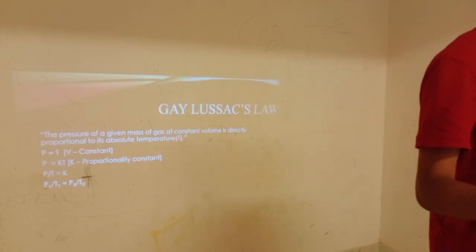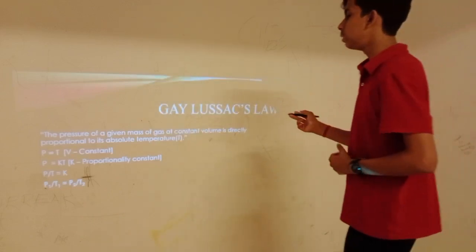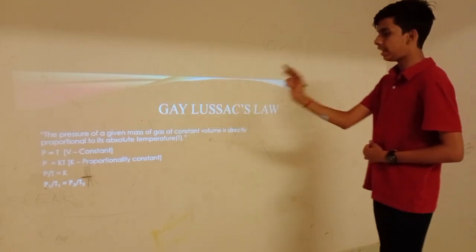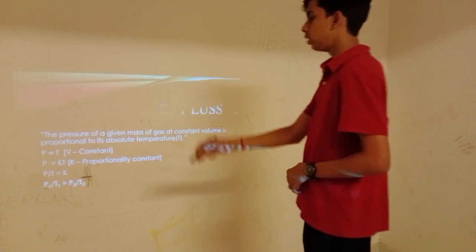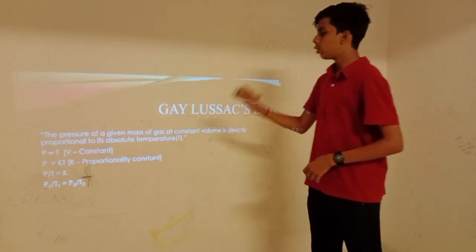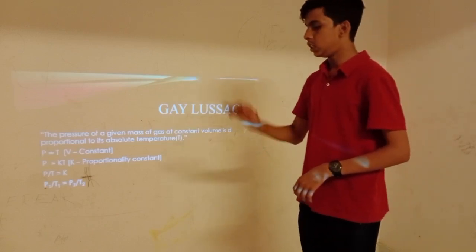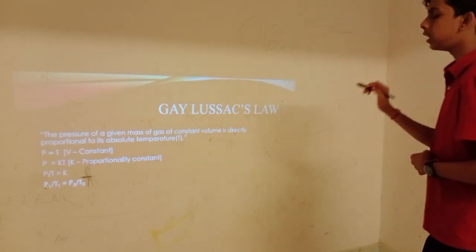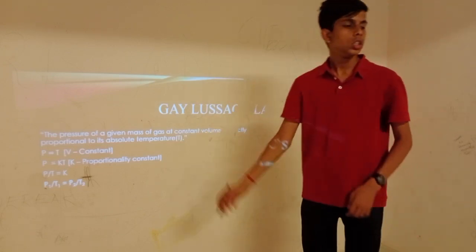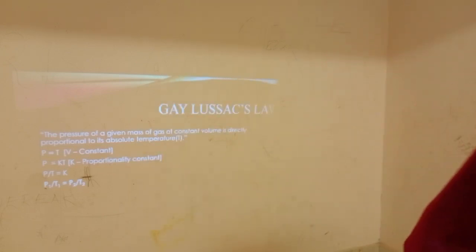Like the previous one, to make any proportionality symbol into an equation, we add an equal sign and a proportionality constant, again taken as K. When we take T to the other side, P upon T is equal to K. So P1 upon T1, which is the initial pressure and initial temperature, is equal to K, the constant. P2 upon T2 is also equal to K. So P1 upon T1 is equal to P2 upon T2.